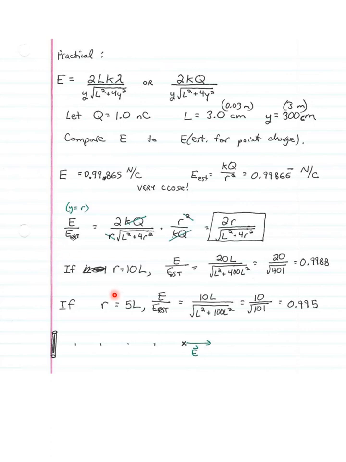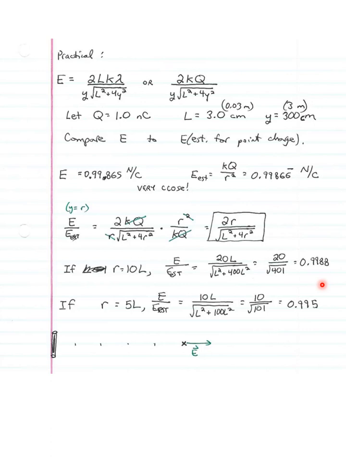Now, if r is 10 times the length of the line, and remember up here the distance was called y, but the distance was 100 times the length of the line, if r is only 10 times the length of the line, then I plug in the values and I get 0.9988, which means we don't have to be that far away from that line.